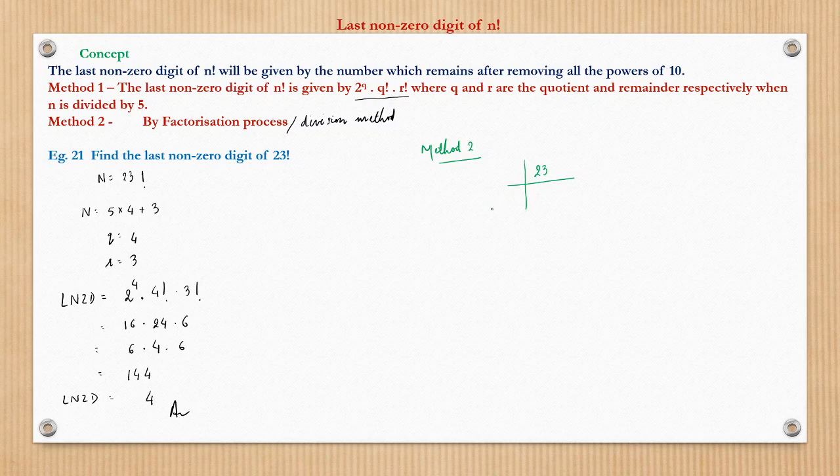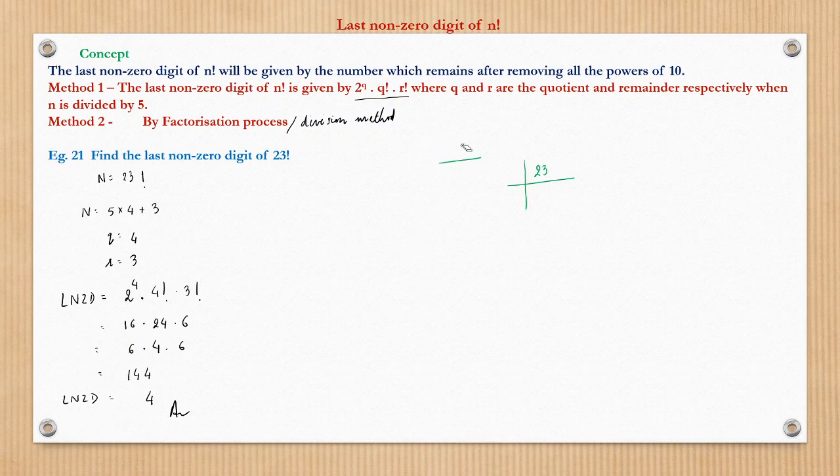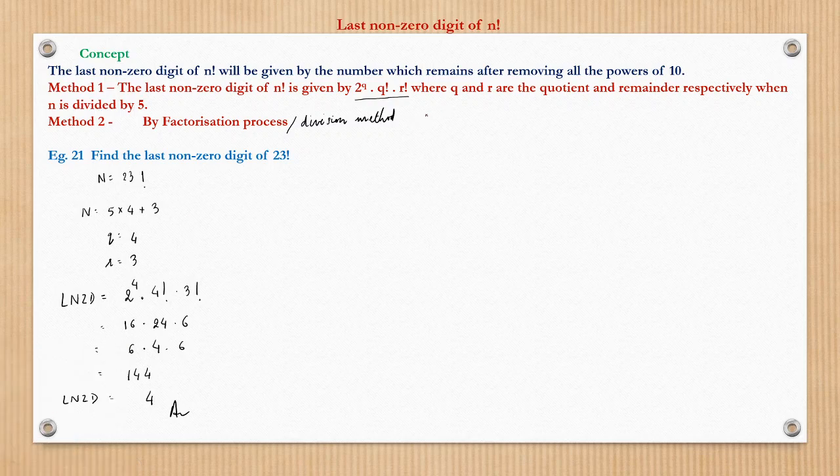In the division method, the first step is to find the IGP of 5 in n factorial, which is a question in itself.